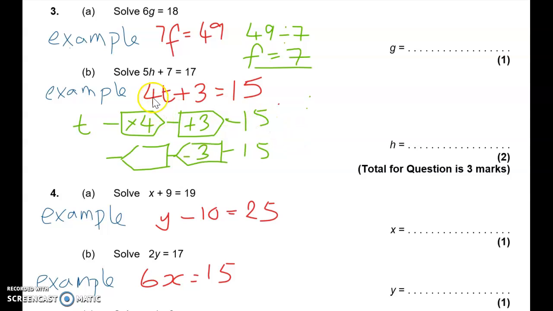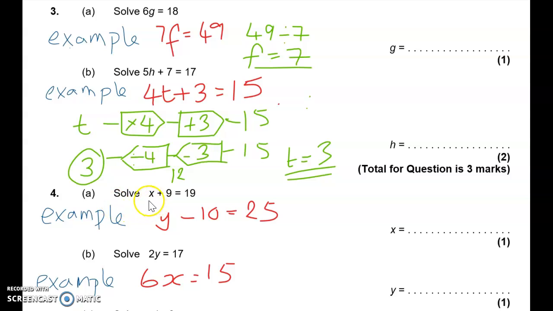And then instead of multiplying by 4, I'm going to divide by 4. Okay, so let's do it. 15 take away 3 is 12, and then 12 divided by 4 is 3. So my t value is 3, and I can check it. 3 times 4 is 12, plus 3 is 15. So my value of t is 3.